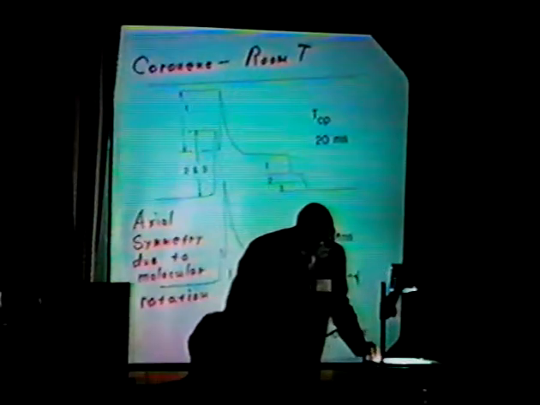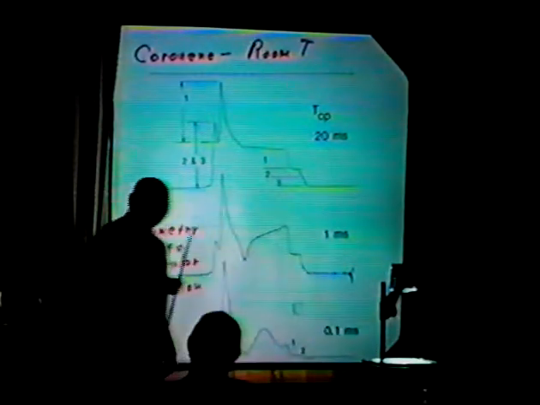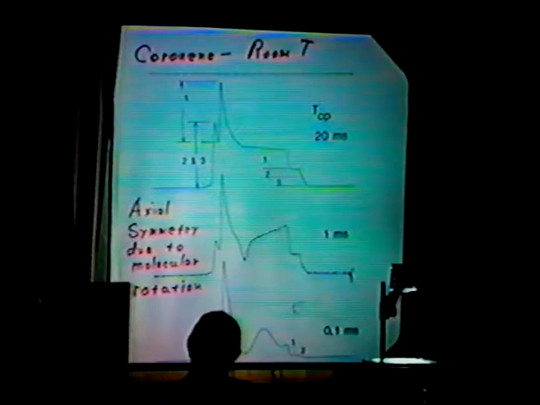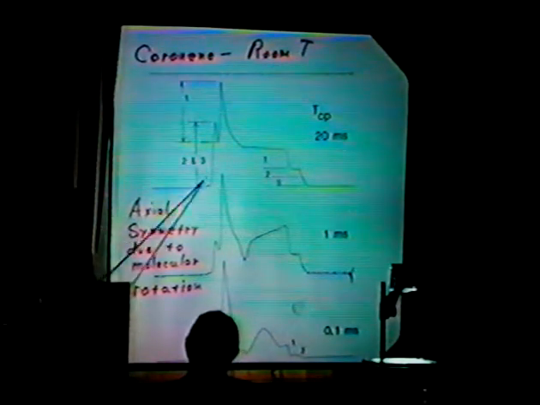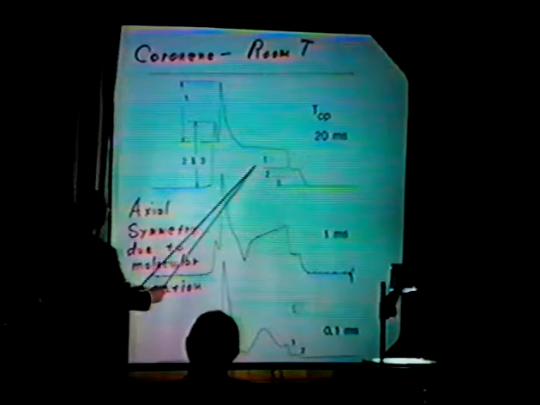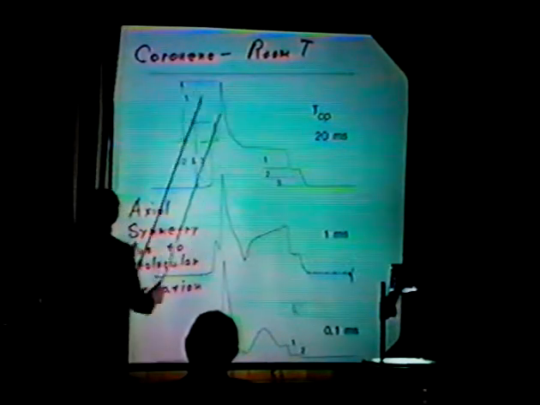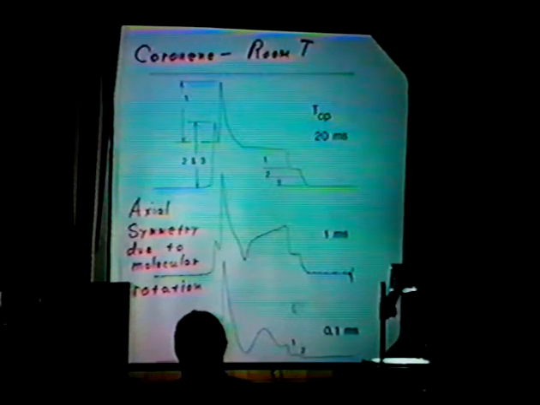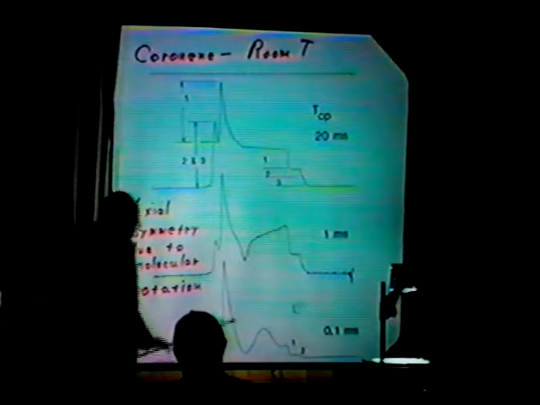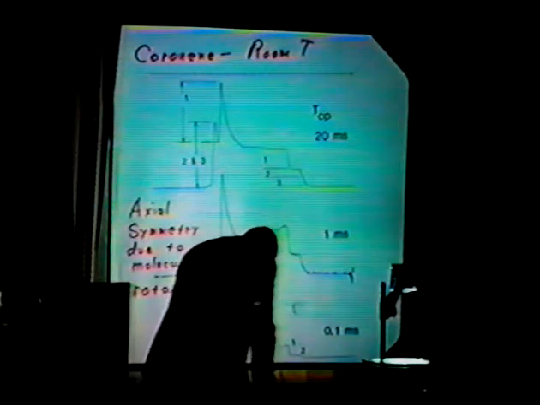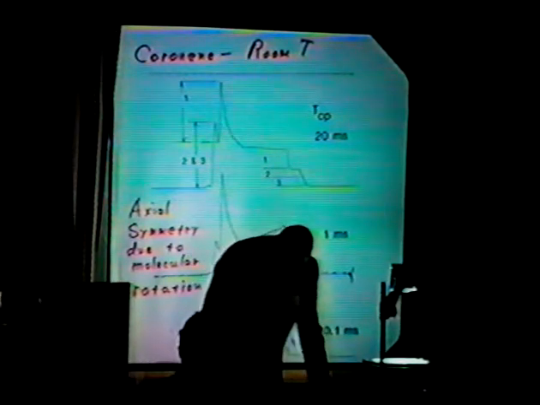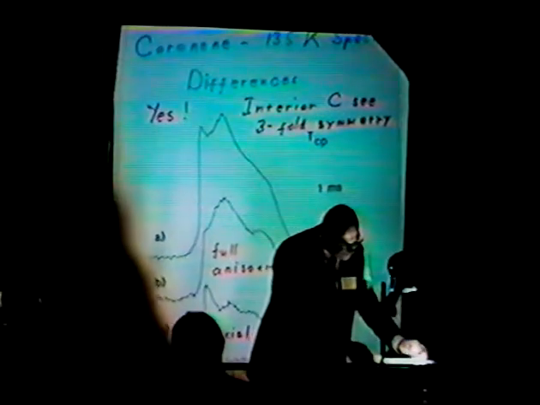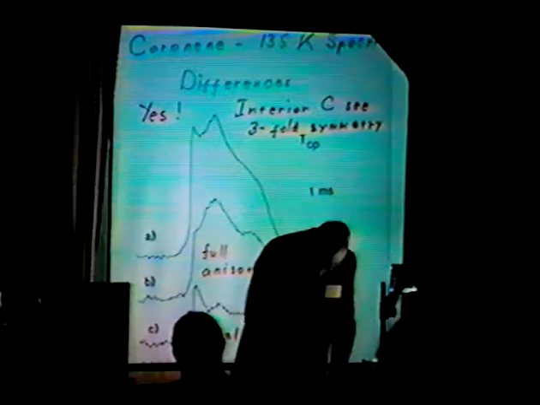And lo and behold, when I do it at room temperature, gee whiz, I get these axial powder patterns. That means the molecule is rotating rapidly at room temperature, and I'm not getting the effect I wanted. So I have to go to low temperatures and look at the spectrum. Okay, so what am I expecting?